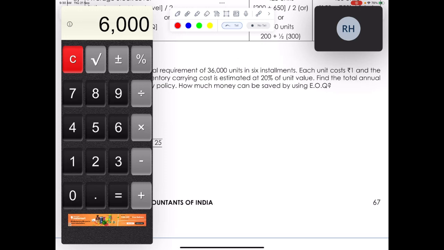So tell me, my dear student, whether the 6,000 has been computed by the formula of under root 2AOC. No. It means 6,000 will be denoted by the alphabet ROQ, reorder quantity. That is, order quantity has been defined without applying the scientific formula.